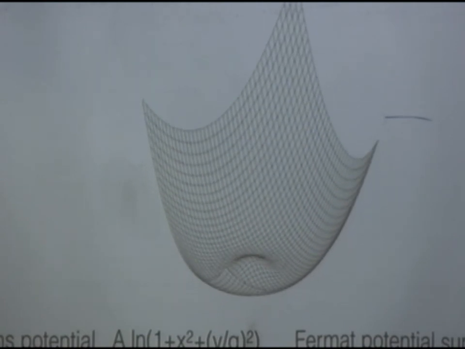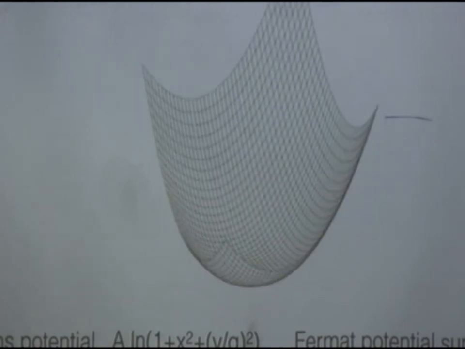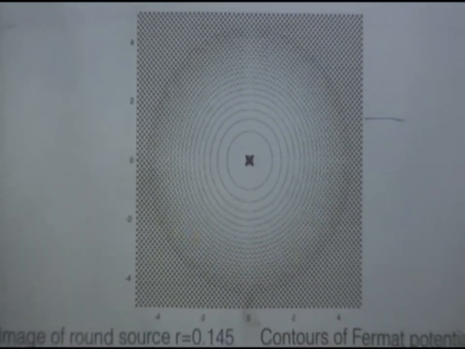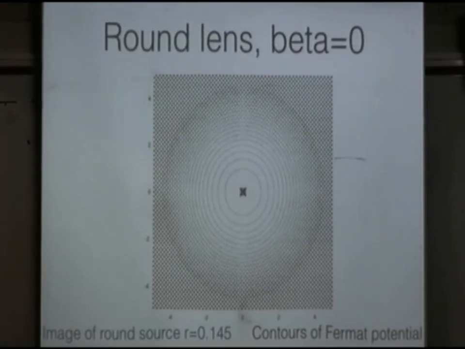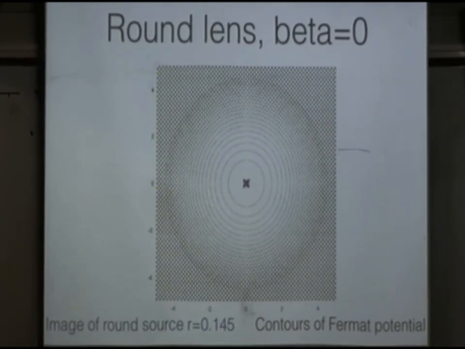Now this is a fairly trivial case because everything is perfectly symmetric. But first I can show you the same thing in the image plane. So this is now not a surface diagram, but a contour diagram. It's the same Fermat potential. The cross in the middle is where the center of the lens is. Contours are the contours of the Fermat potential.